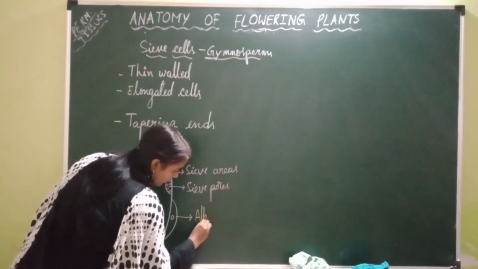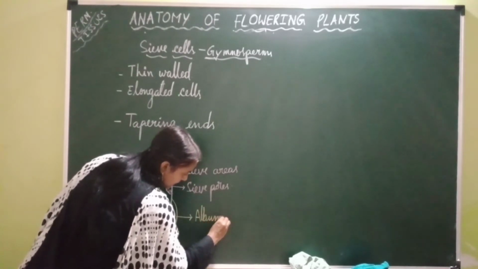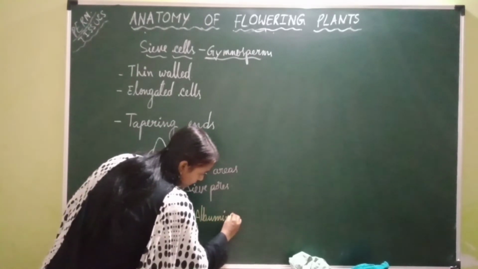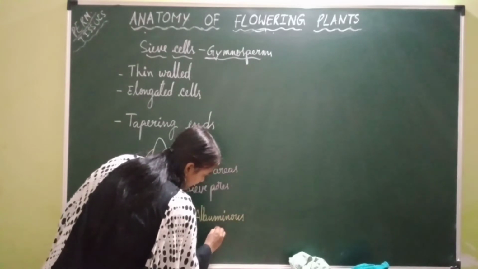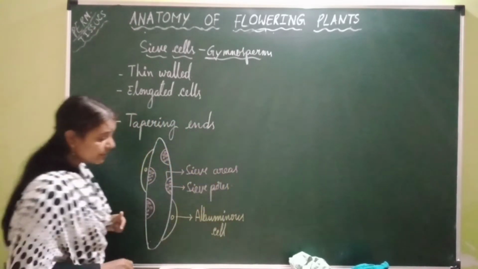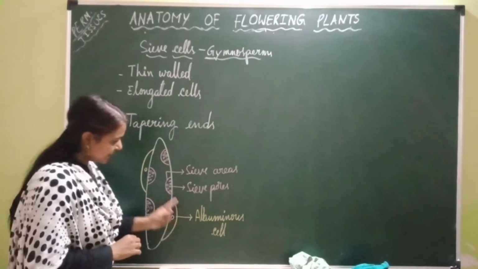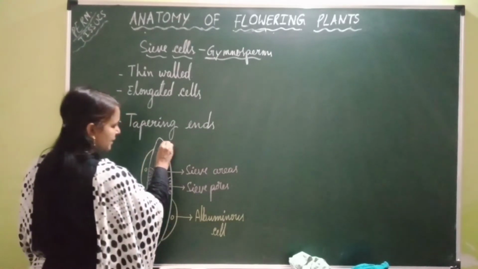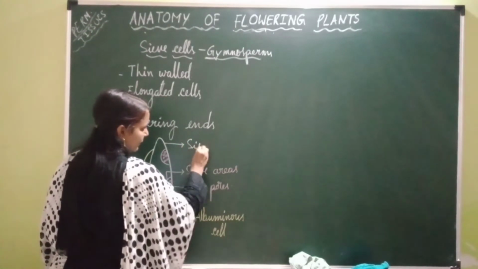Albuminous cells control the activities that occur inside the sieve cell. What is that activity? Transport of food.